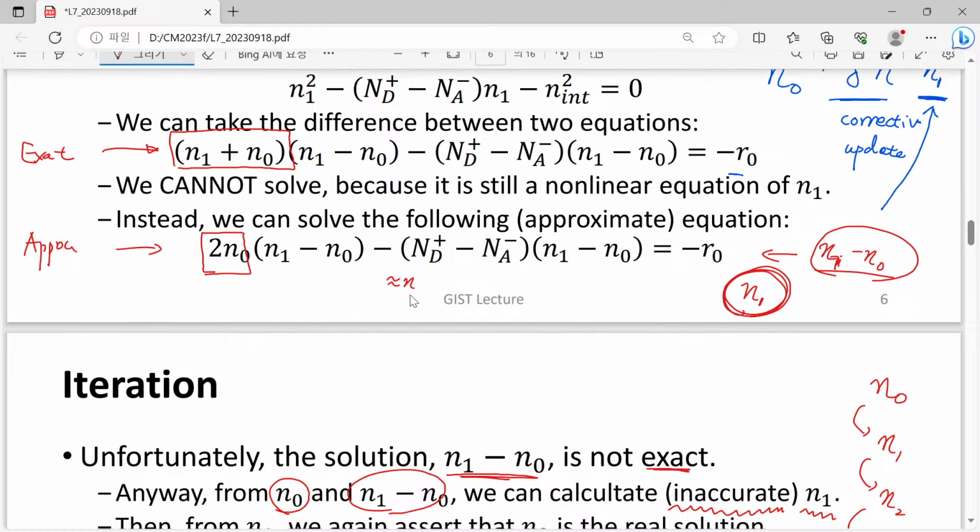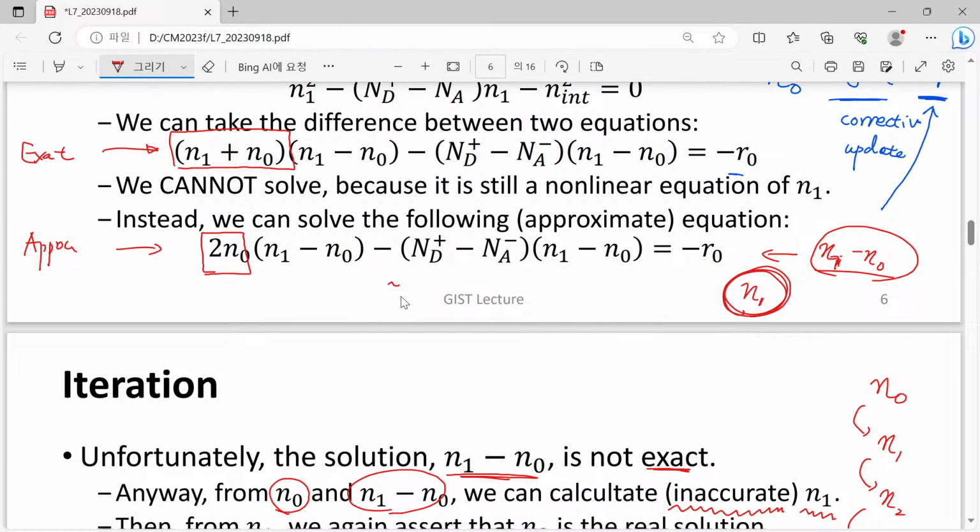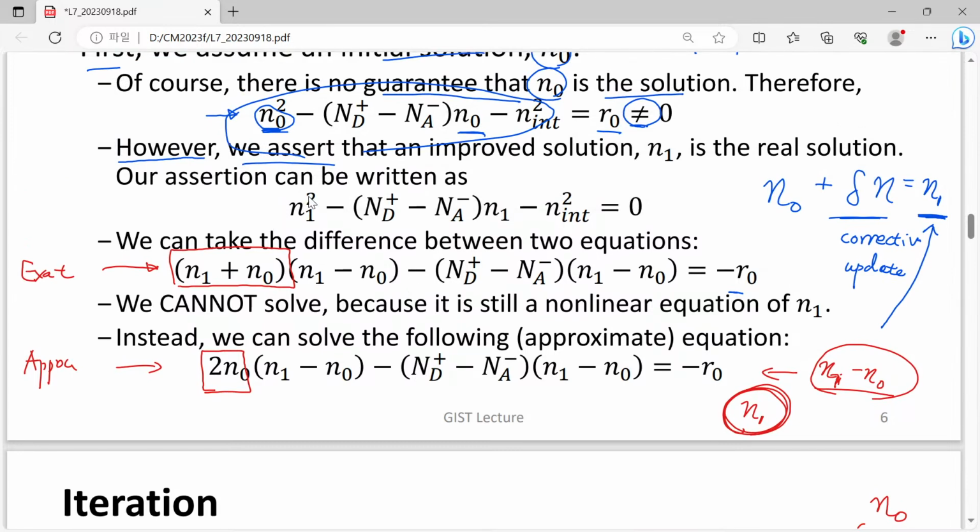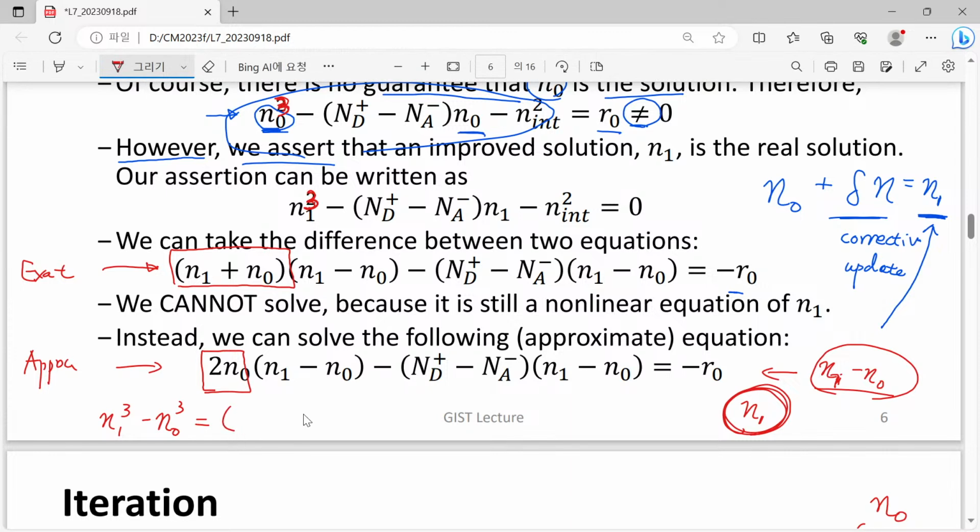Now, usually, for example, if we have, instead of this second order term, let's say that our equation now becomes this cubic equation, then what will happen? Then what we have to do is cube over n1 minus cube over n0, and we must express it as n1 minus n naught times something.